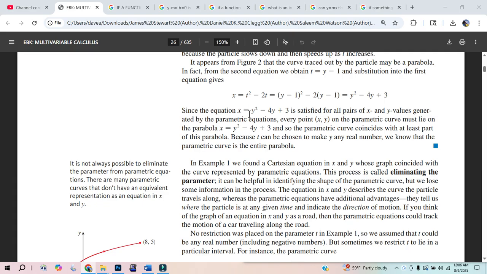And since x is equal to y squared minus 4y plus 3 is satisfied for all pairs of x and y values, you can see this is very similar. This is where I need to see the aha moment. If I changed the x and y variables, if I said y is equal to x squared minus 4x plus 3, that would be a vertical quadratic equation, or parabola, however you say that.